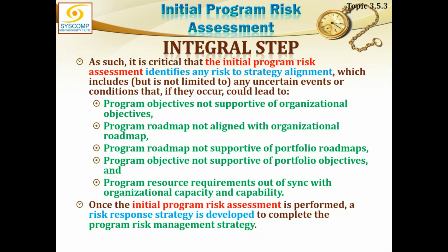So program objective is not supportive of organizational objectives. This could be one reason. Program roadmap not aligned with the organizational roadmap. Program roadmap not supportive of portfolio roadmap. Program objective not supportive of portfolio objective, and program resource requirement out of sync with organizational capacity and capability.